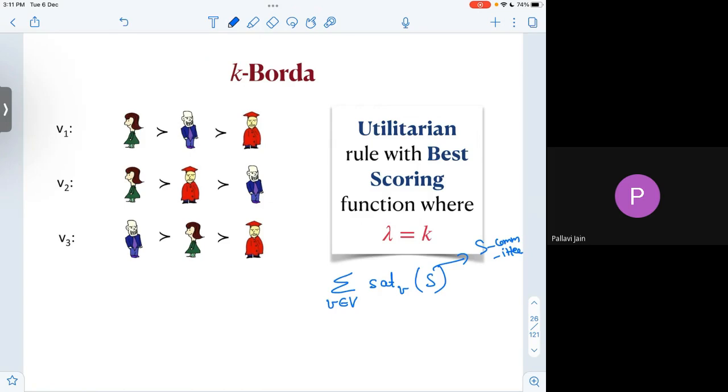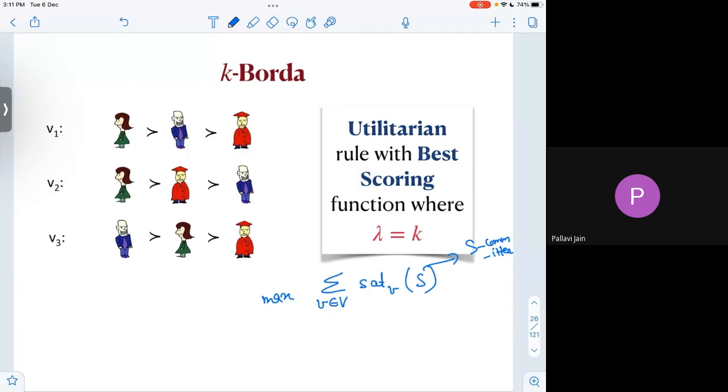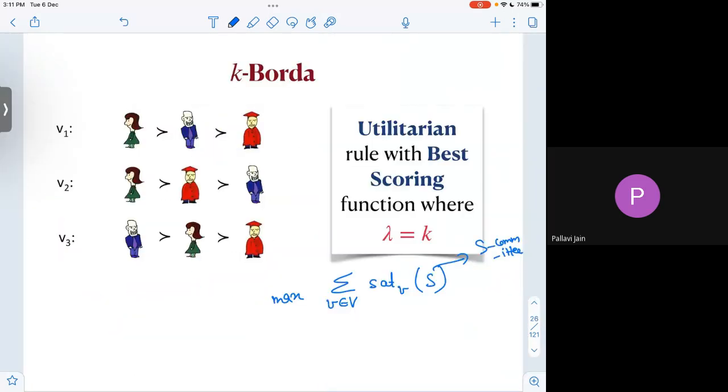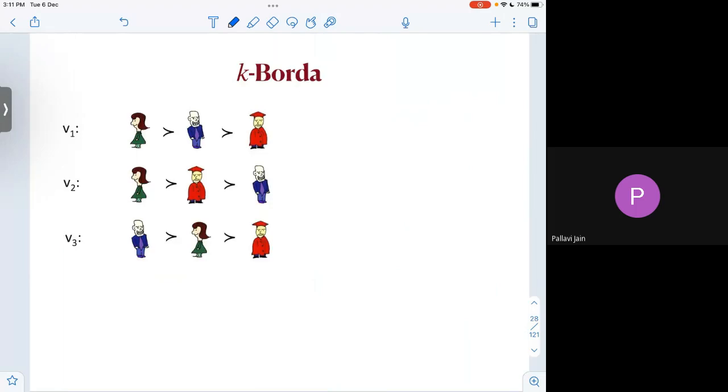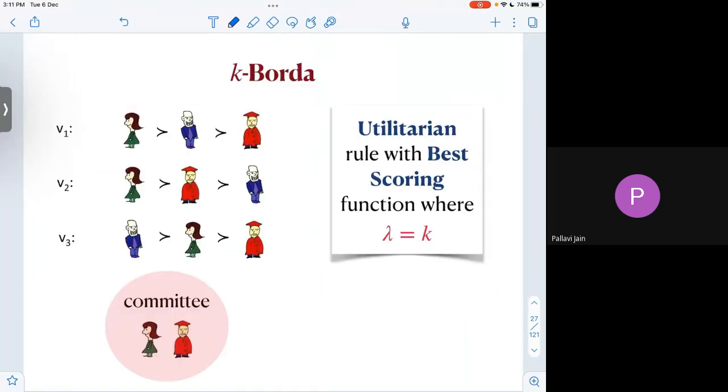Correct? This is what we are trying to maximize. What do you think? Is it a polynomial time solvable problem? Is the definition clear or should I explain using an example? Everybody? The definition is clear? Okay, good.